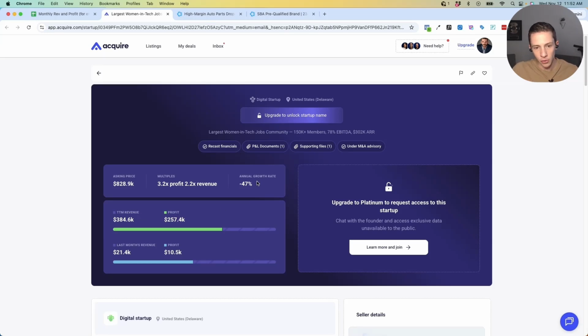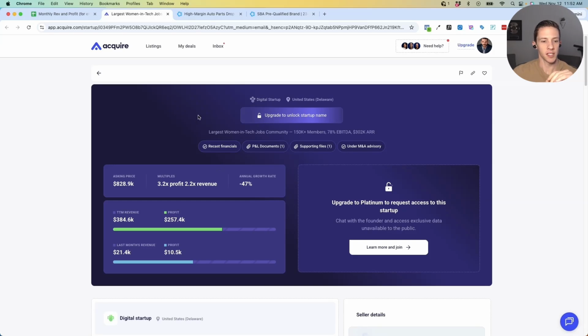Now, aside from the annual growth rate, which we're still going to talk about, I would say that this business in a healthy state is a 4 to 5x valuation multiple. 5x might be a little lofty. I think 5x might be more reserved for, say, a software type of business.